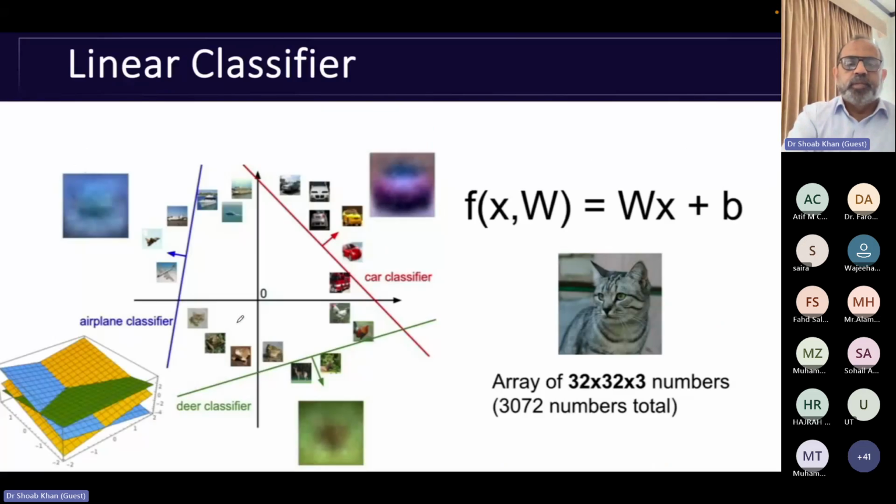Okay. And this I have already explained, that you are assuming that in this space somehow cars will be linearly separable. So cars are on one side, aeroplanes on another side, deer on another side, and usually it will not happen like this.